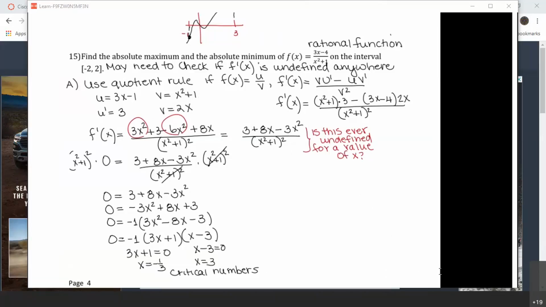This is what I'm looking at right here, where my cursor is. What do you think? Is there any value? It's undefined only when the denominator is 0. Can this ever happen? Can the denominator ever equal 0?